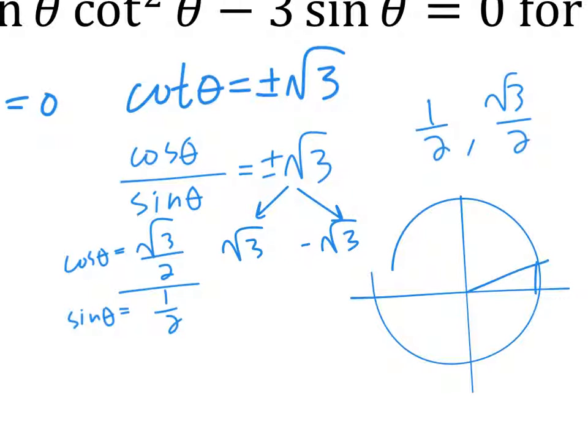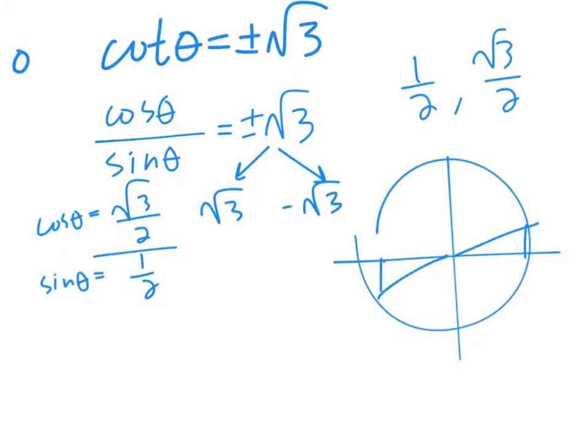Third quadrant. In the third quadrant, what's going to make cosine square root 3 over 2 and then sine 1/2? 7 pi over 6. Let's keep it consistent. Are we going to use degrees or radians? Radians. Okay, so then we have pi over 6 and then 7 pi over 6.